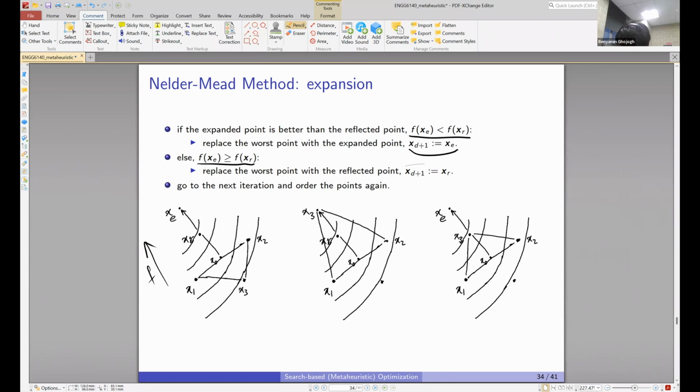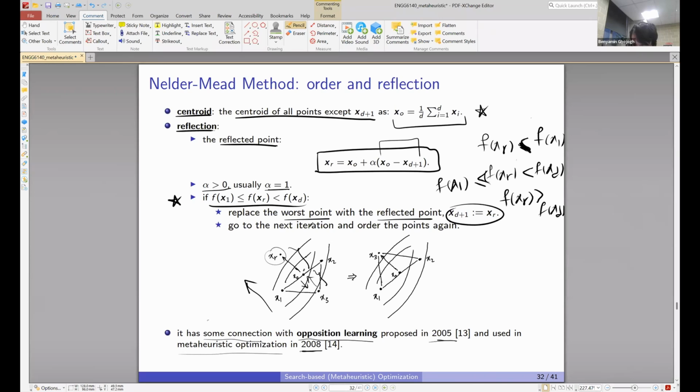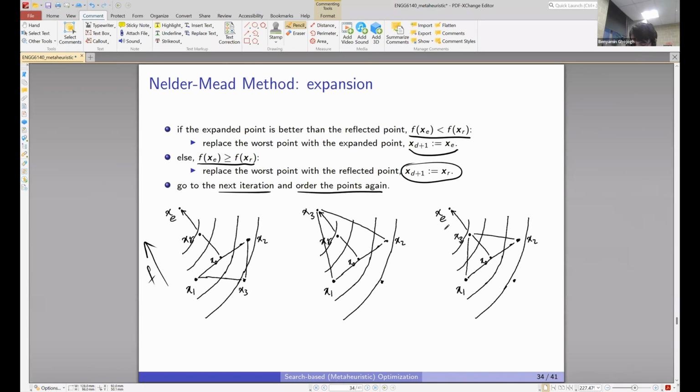In this case, we replace xd plus 1, the worst corner, with the reflected point. And we go to the next iteration and we order the points again. In the previous case also, after we replace the worst corner with the reflected point, we go to the next iteration and we order the points again. So this is done iteratively. Here also, when we update the worst point, we go to the next iteration and we order the points again.